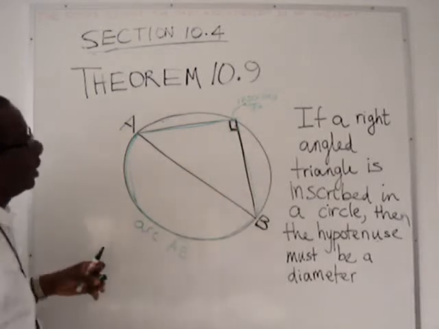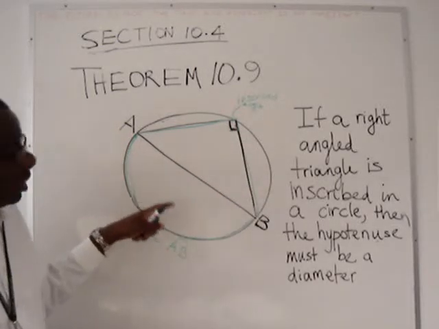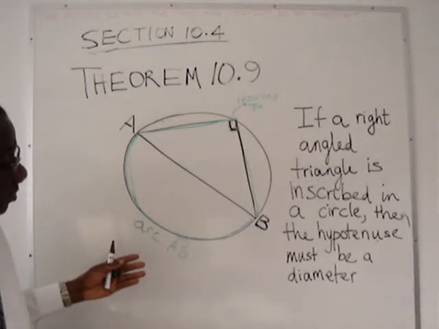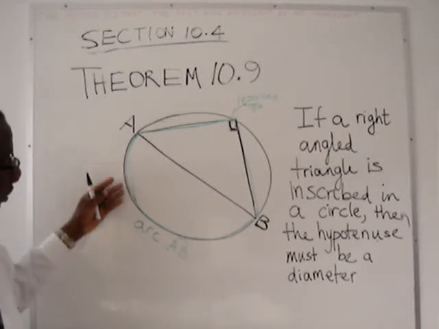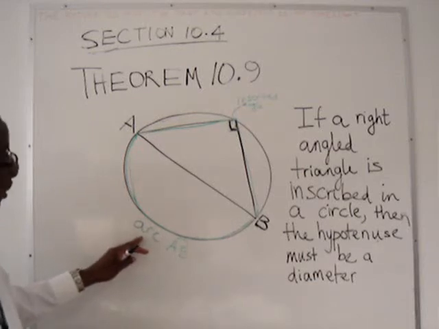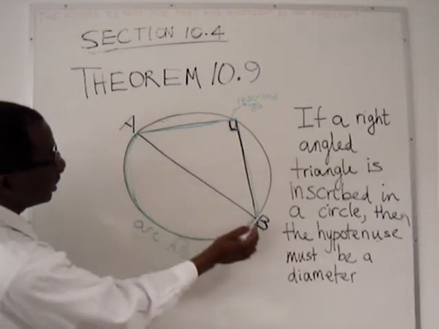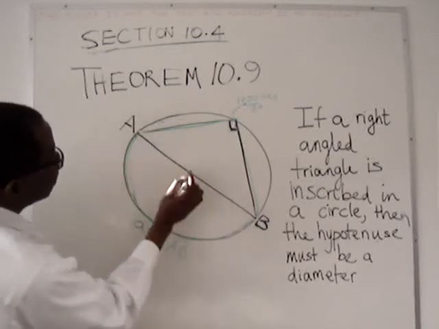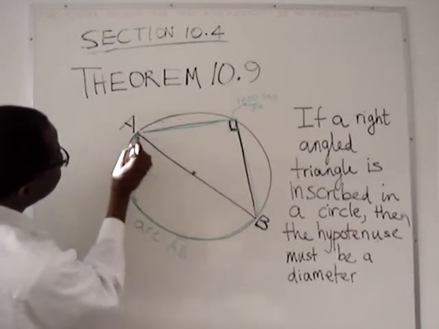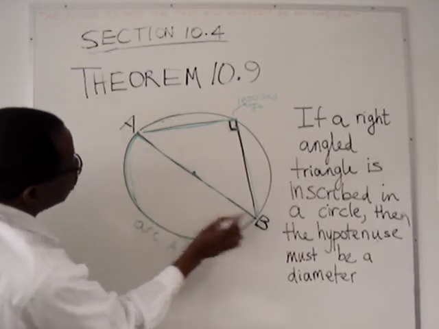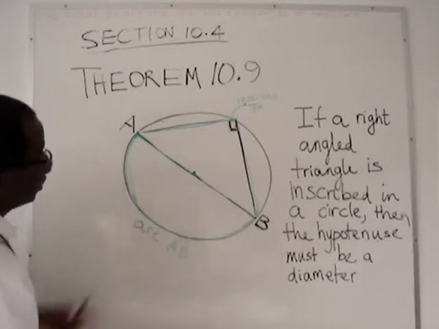Now, what is the measure of arc AB? It will be one that we take back to the center. So if we didn't know that this was a diameter, we must at least take this back to the center. Let's pretend we did not know that AB was a diameter.